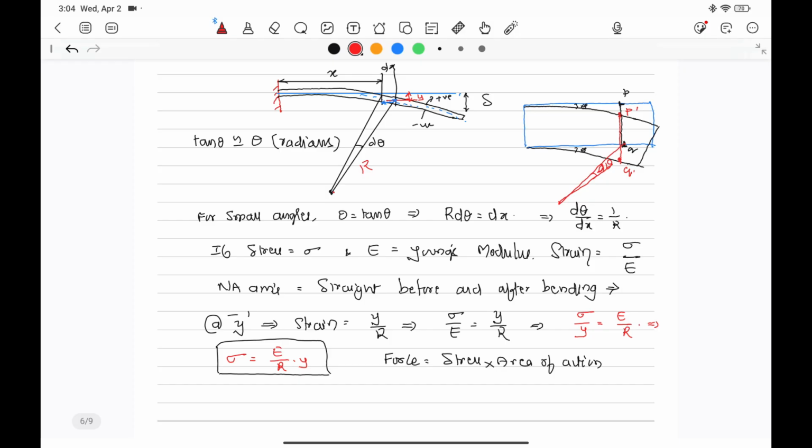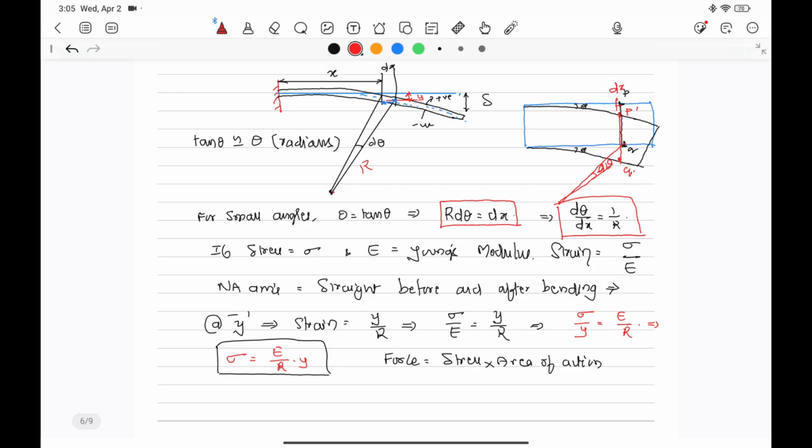It is having an angle of d theta. From secondary school geometry, we know that this dx is equal to radius of curvature into d theta, or d theta is equal to dx by r. Hence, d theta by dx is equal to 1 by r. Please remember this. I am showing a little derivation.